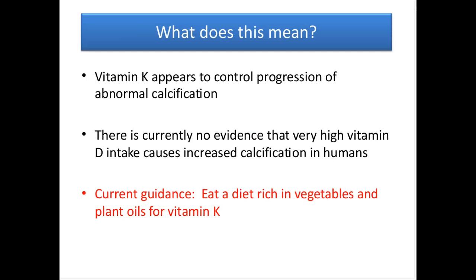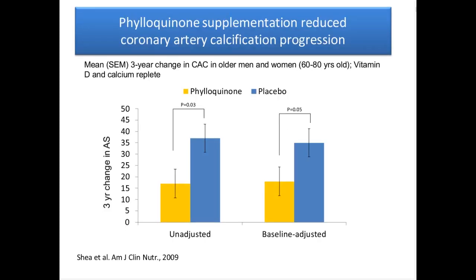And again, with respect to vitamin K, the current guidance is still to eat a rich diet in vegetables and plant oils to receive the amount of vitamin K you need. In the previous study, the dose was 500 micrograms per day, which is a very large salad with plant oils in it. So these are pretty modest amounts of phylloquinone.